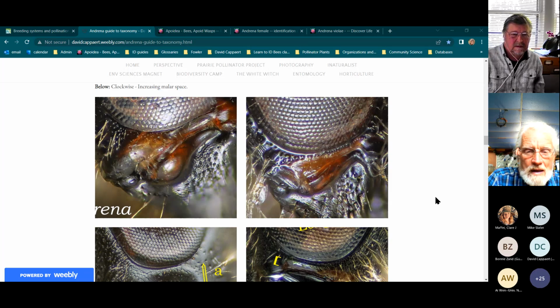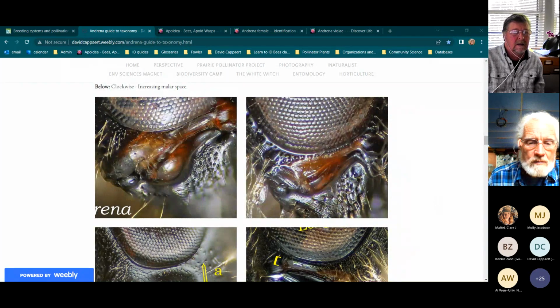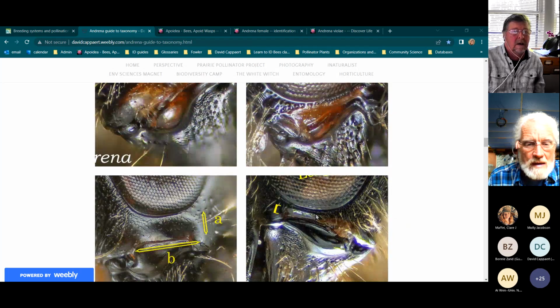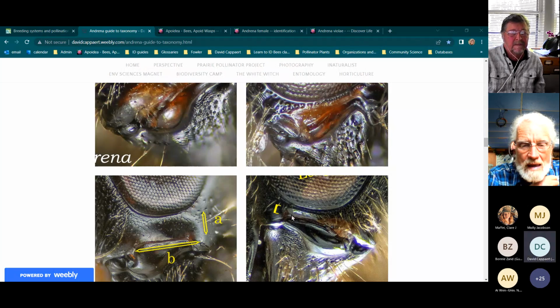Well, I'll mention that, from my point of view, these are kind of confusing pictures. So the bottom two are clear. When I see a malar space, I'm looking at the dark strip between the eye and the mandible, and that's pretty clear. The upper two are a little fuzzy.